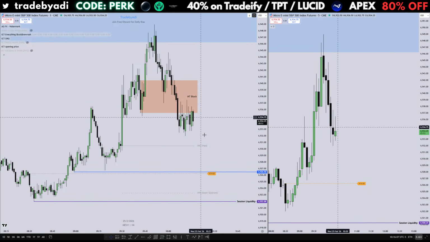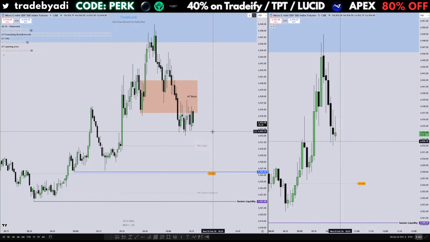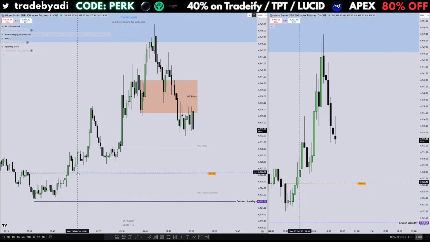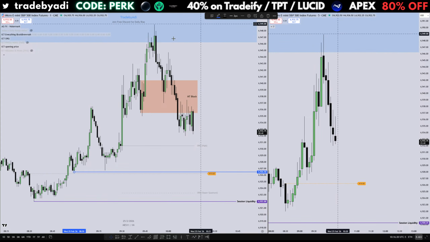This will be a good setup to short, but we don't have any setup on Nasdaq. These equal lows I'm looking for as a target.